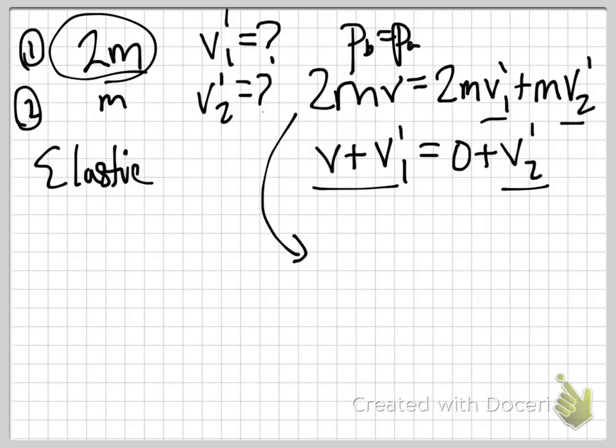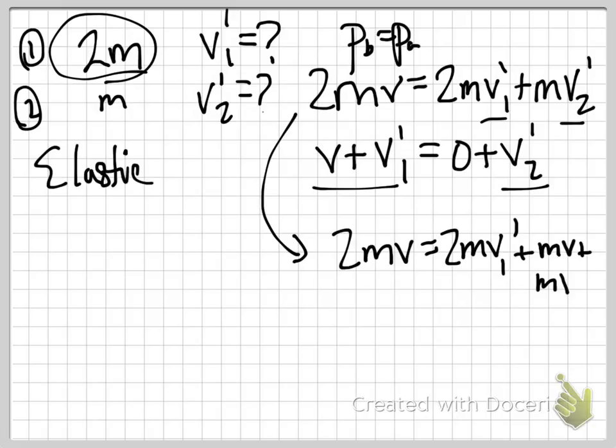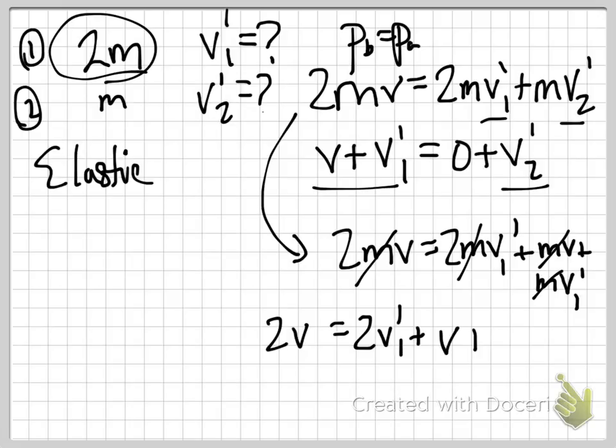So if I take this over here, 2mv equals 2mv1 prime, that's number 1, plus m times v2, which v2 is just equal to v plus v1 prime. So I did a step there at the same time. The m's all drop out, and you get 2v equals 2v1 prime plus v plus v1 prime.